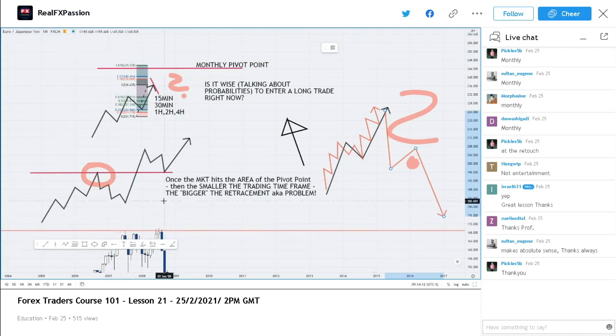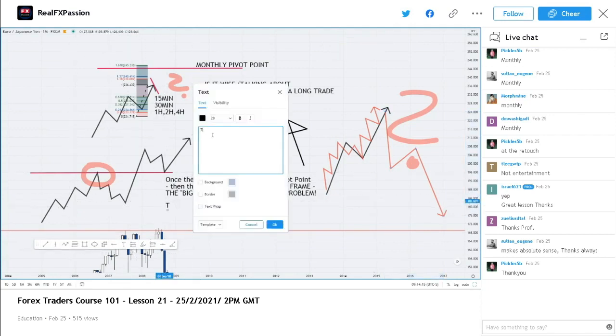So let's write this down, and then we're going to look at the chart. How pivot points from the monthly work: once the market reacts, it is going to crush our structure or up wave.